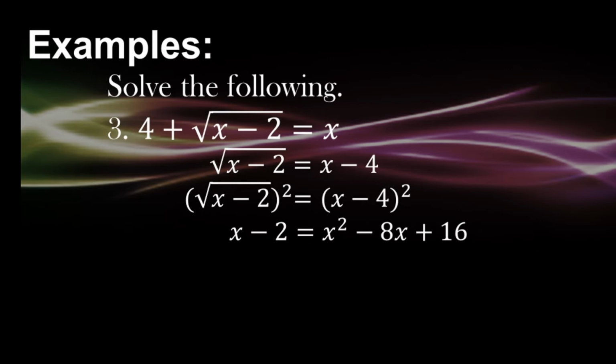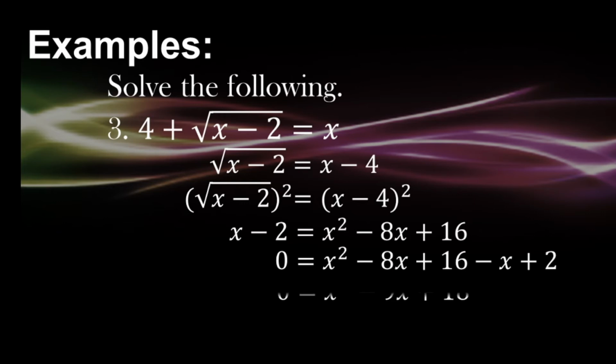Combining all similar terms, therefore, we have 0 is equal to x squared minus 8x plus 16 minus x plus 2. We have the quadratic equation 0 is equal to x squared minus 9x plus 18.